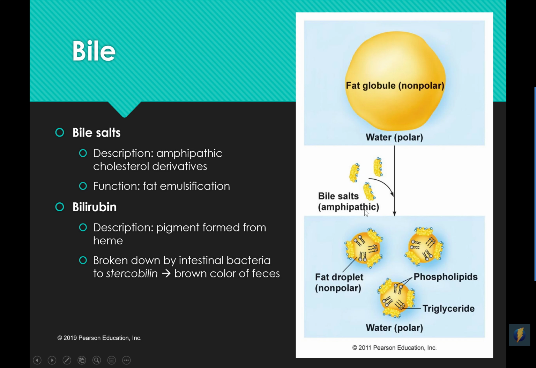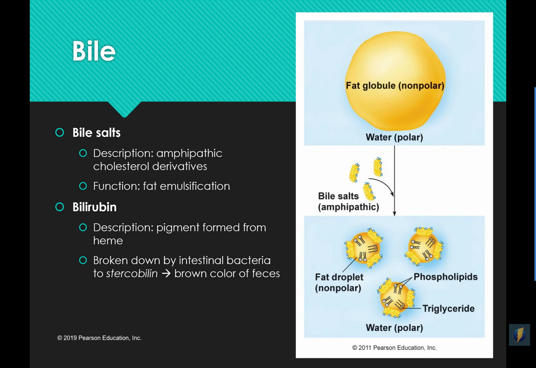So the bile salts, since they are amphipathic, have a side that likes the water and a side that doesn't, and they coat the big fat droplet and break it into all these tiny droplets, so that we've got much smaller pieces for our enzymes to go and start to work on.